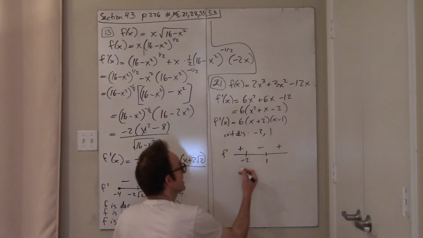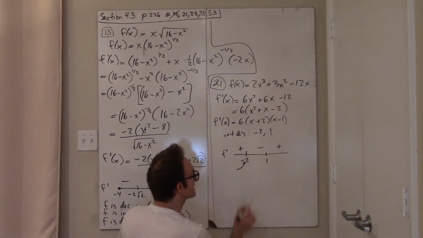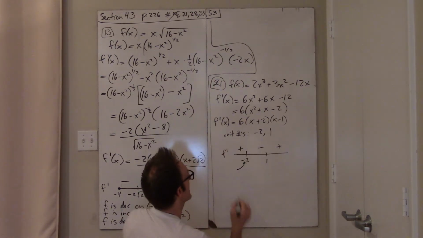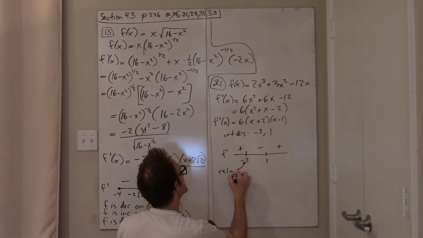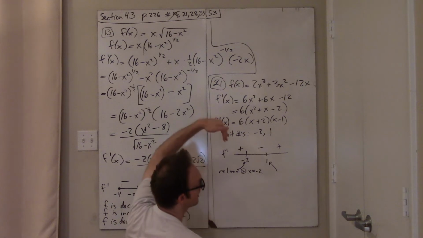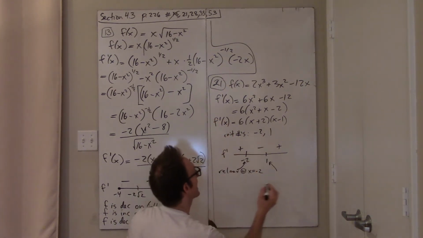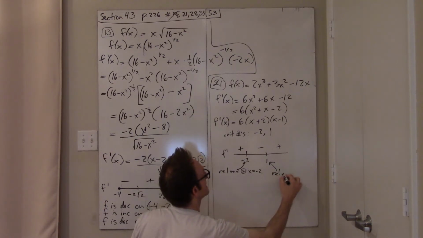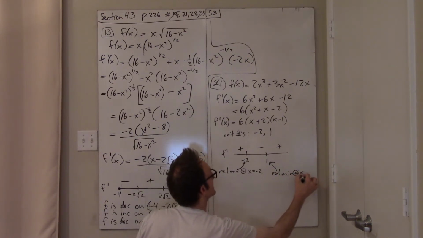Using some sort of common sense, we know that this function is getting bigger, and then it's getting smaller. And so there must be a relative max at x equals -2. And what's happening at 1? Well, my function is decreasing and then increasing again, and therefore there's a relative min at x equals 1.